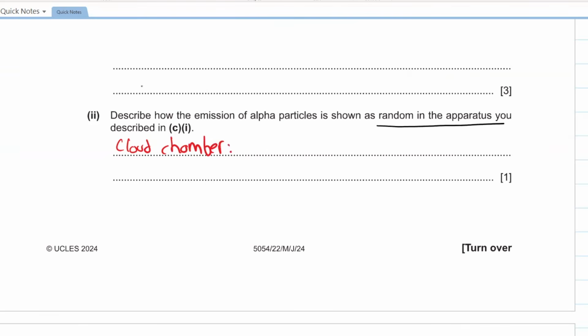Why? Because the time between the tracks varies. Time between the tracks formed varies. Perfect.